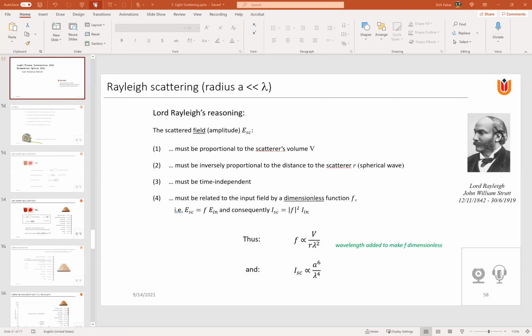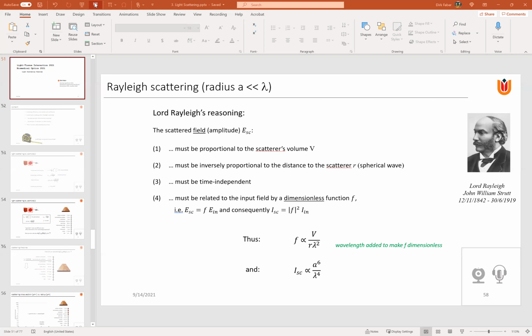But then again, consequently, there had to be a square root relation, and then combining all these considerations, he could end up defining some function f that was proportional to v, inversely proportional to r.